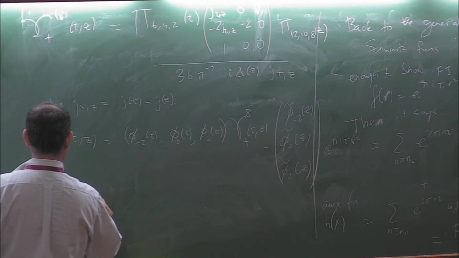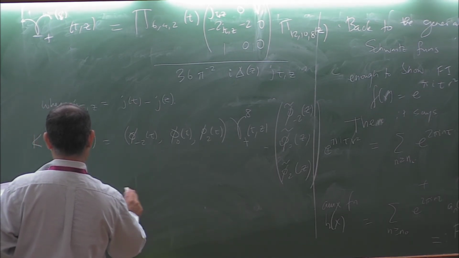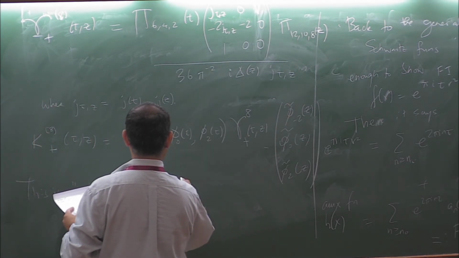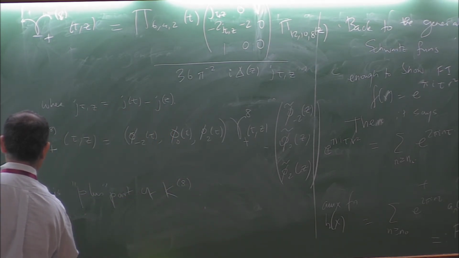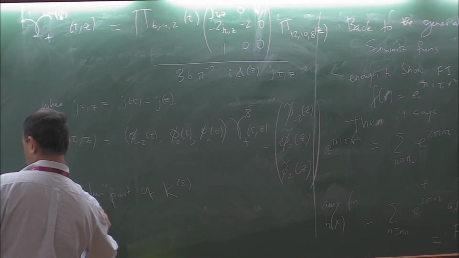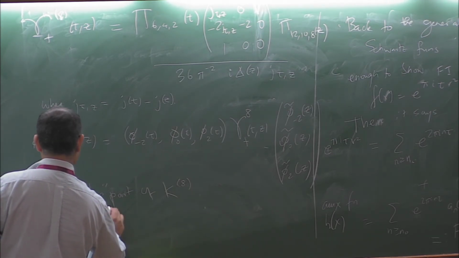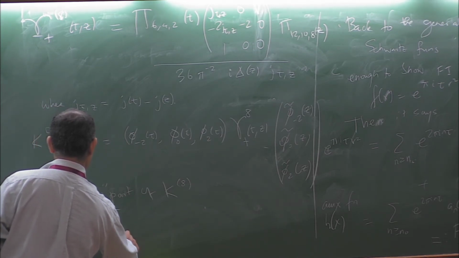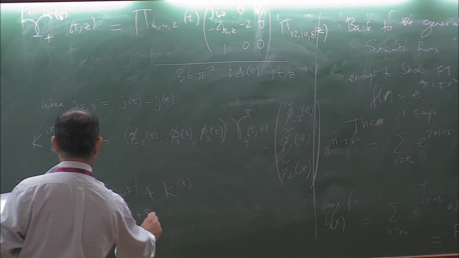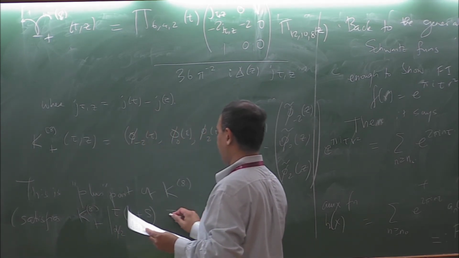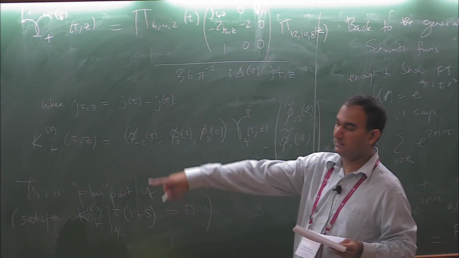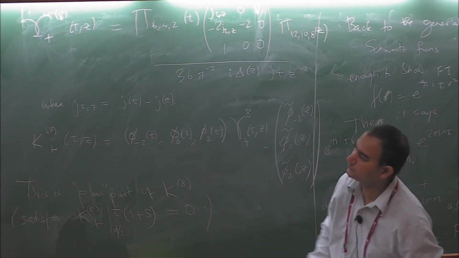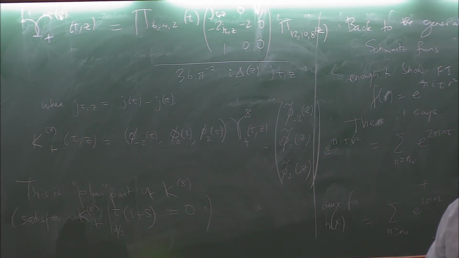Okay, so this is the plus part of the kernel in 8 dimensions, and that means that if you hit it with the Hecke operator 1 plus S in tau, you get 0, because it satisfies that additional identity in addition to those two, that it's killed by S T minus 1 squared and T minus 1 squared.